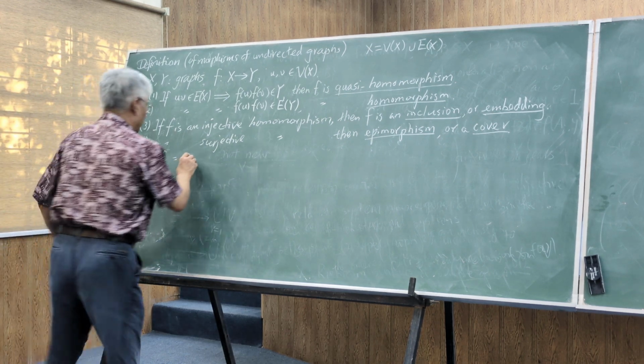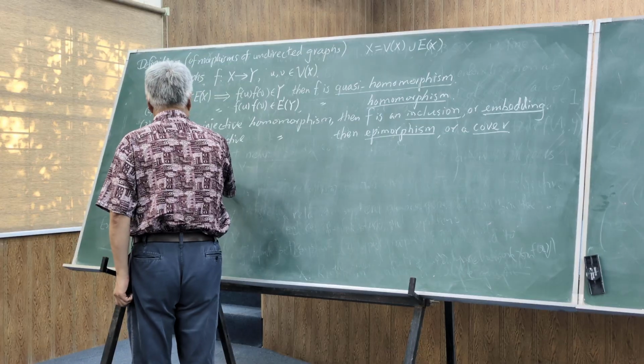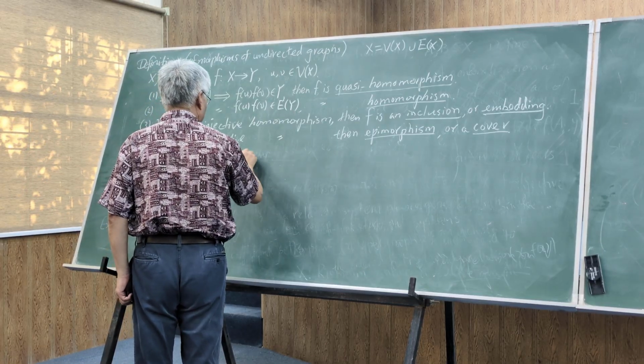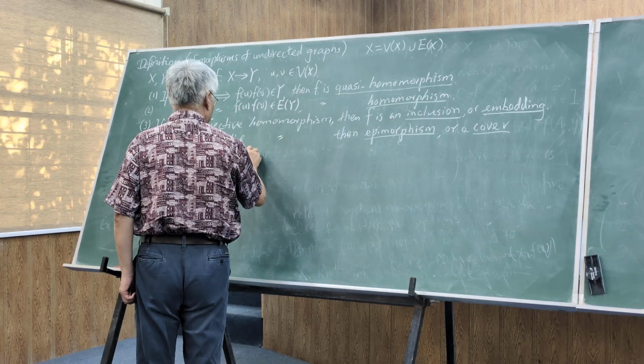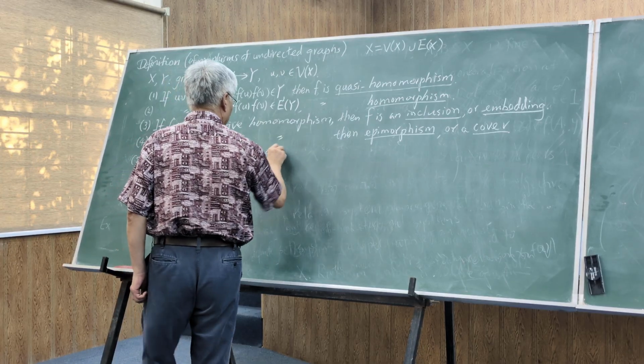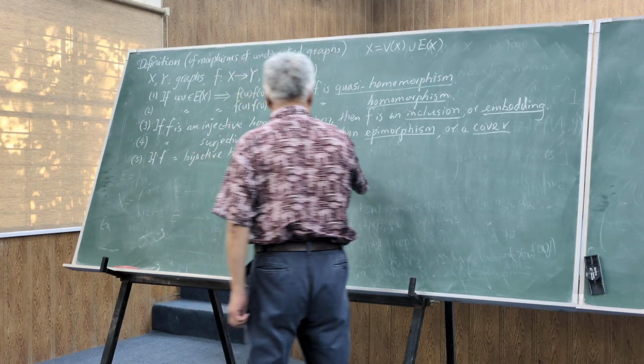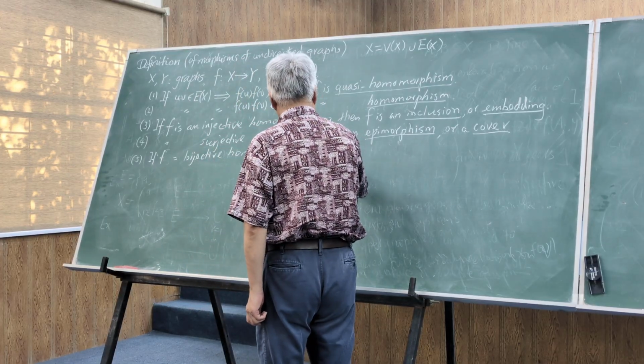F is a bijective homomorphism whose inverse is also a homomorphism.